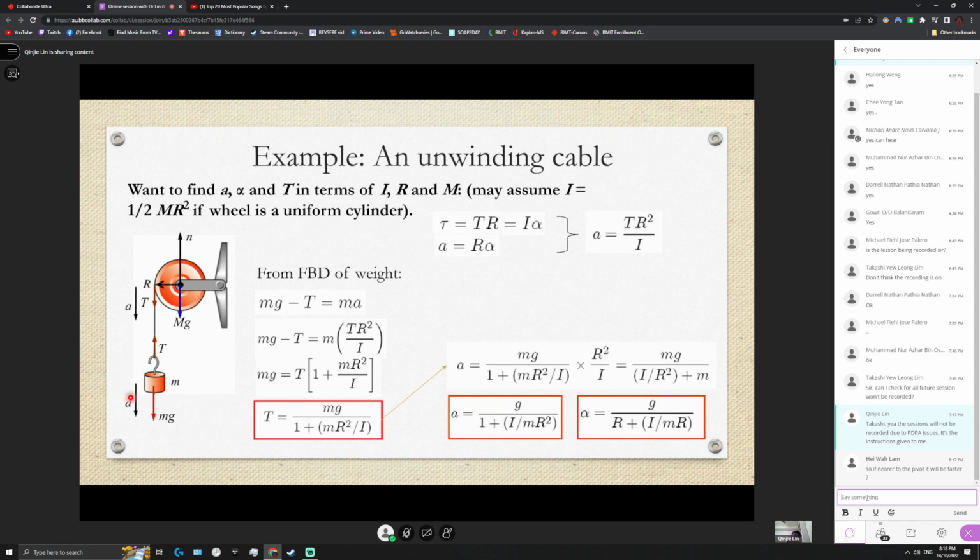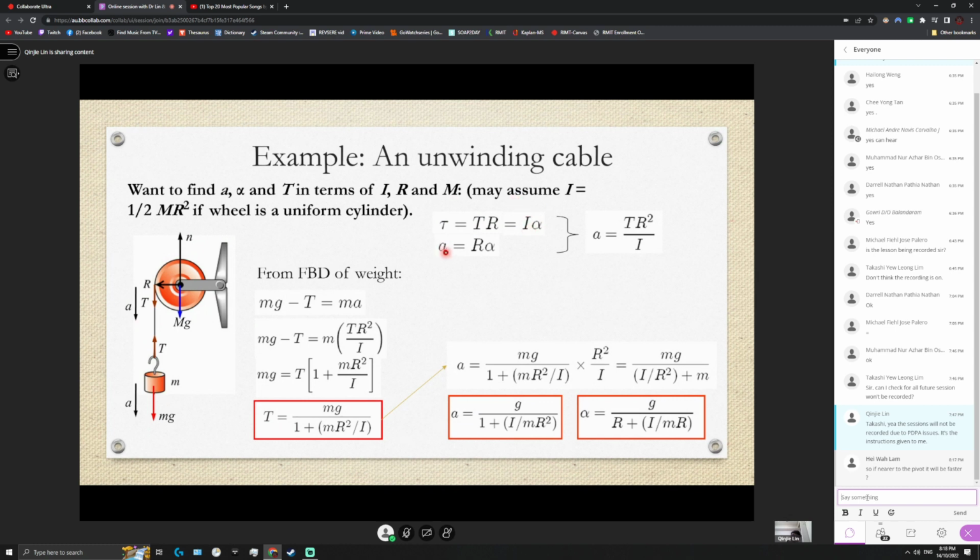So if we look at this structure here, the torque at the top of this is given by T times R. Okay, there's a tension here. This is the pivot, right in the middle. T times R. And then we also know torque equals I alpha.